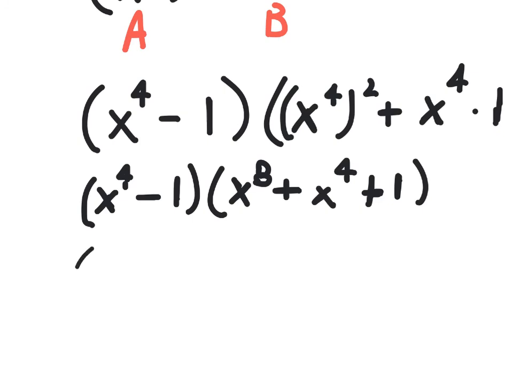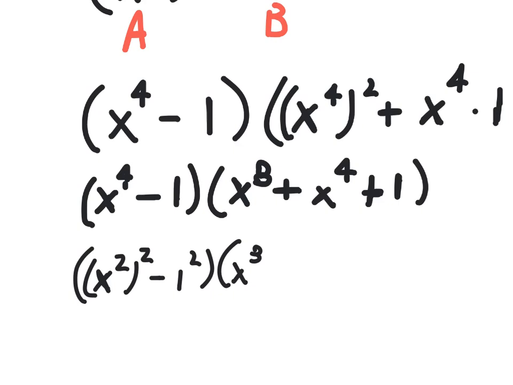This gives me x squared, quantity squared, and then minus 1 squared. And then I'm left with x to the 8th plus x to the 4th, and then plus 1. Notice how I have something squared minus 1 squared.